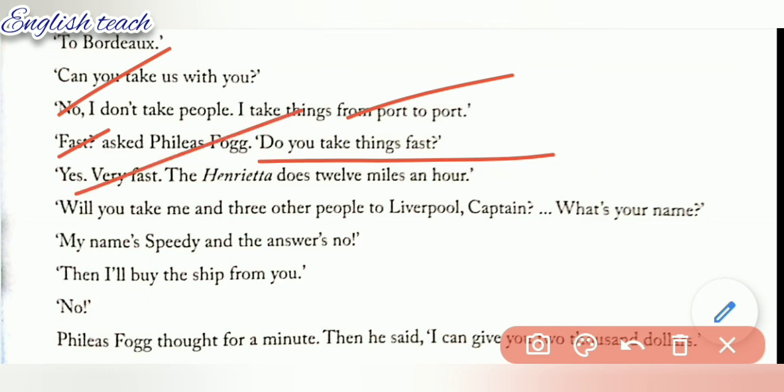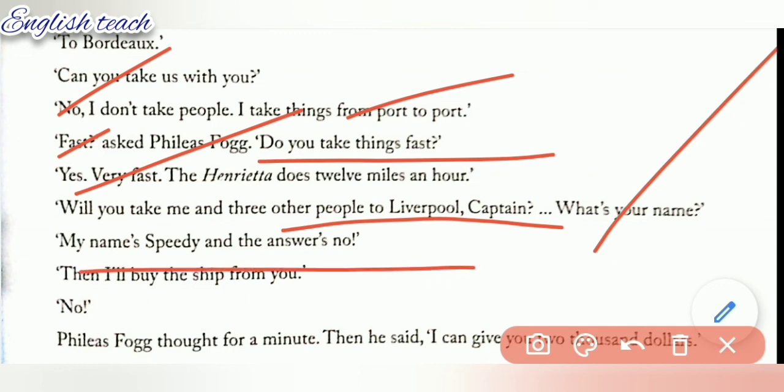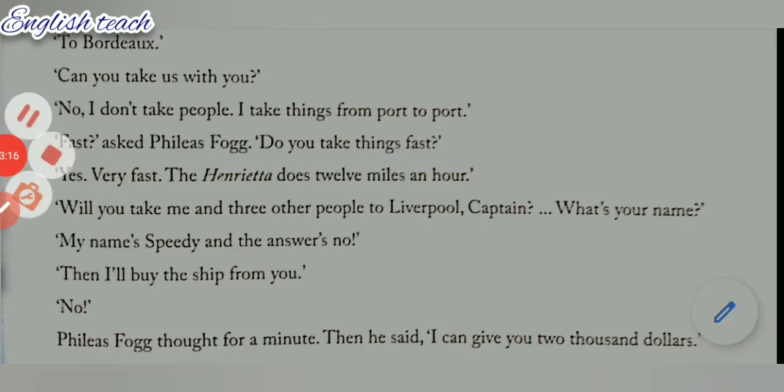And will you take me and 3 other people to Liverpool, Captain? Fogg asked. What's your name? My name is Speedy, and the answer is no. Then after some time he said, No, I will not take you because I take only things.